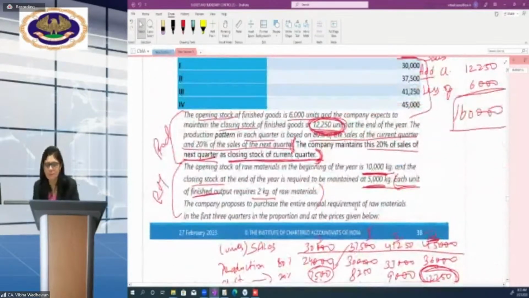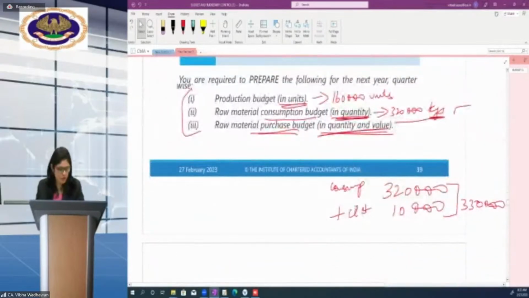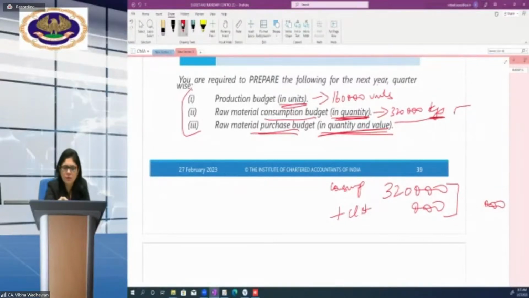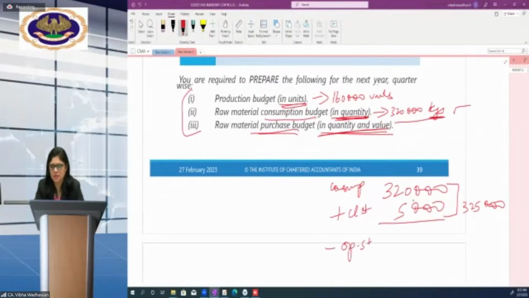Sorry, closing stock is 5,000. So we require 3,25,000. All right. And we already have some opening stock with us. So 10,000 we already have with us.